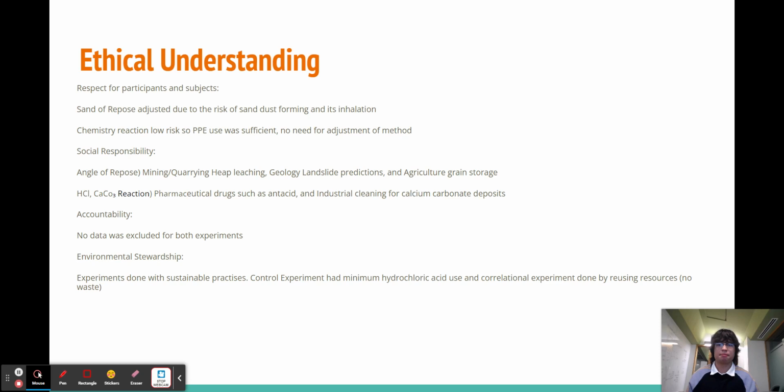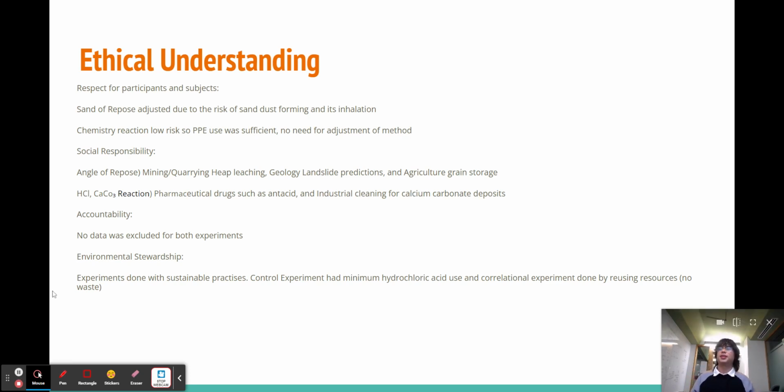In the chemistry control experiment, however, only standard PPE use was sufficient due to no notable risk being present, so there was no need to adjust the method. PPE used were safety glasses, lab coats, and gloves.